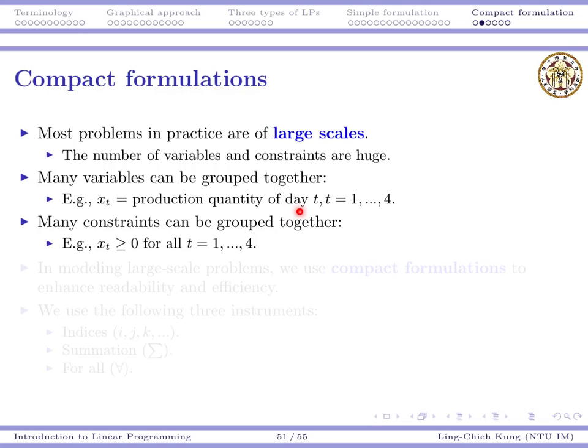You don't need to write 4 lines and repeat a lot of things to define 4 production quantities. And constraints can also be grouped, right? For all those non-negativity constraints, we have already done so. So today, I need to give you another example to show how we may make other things compact.